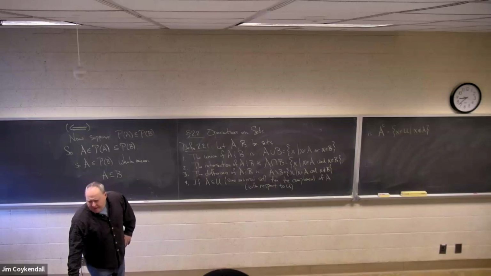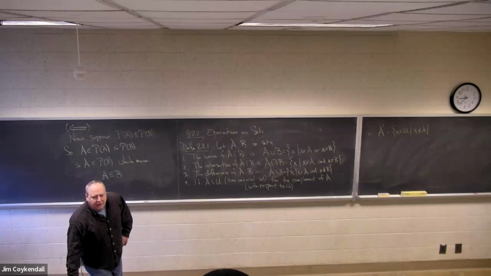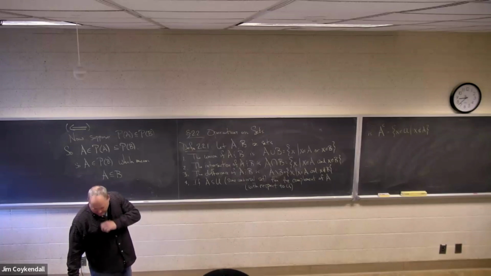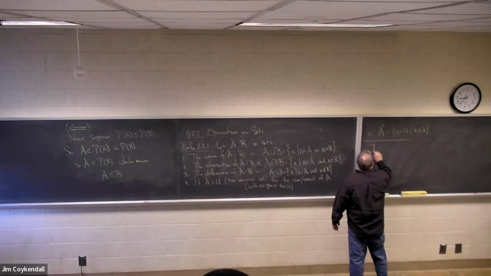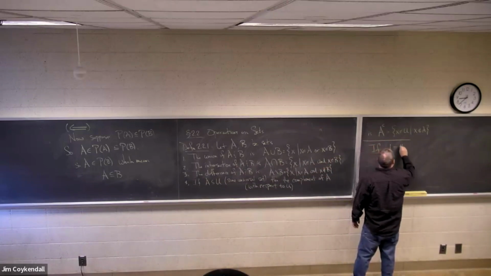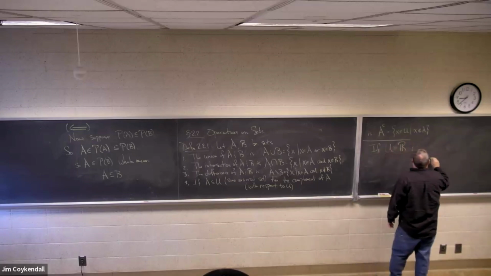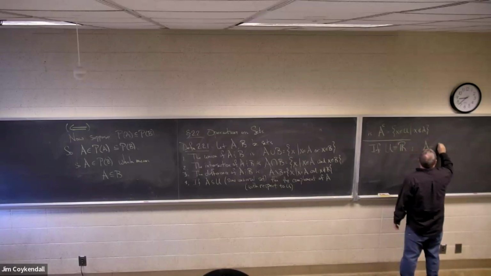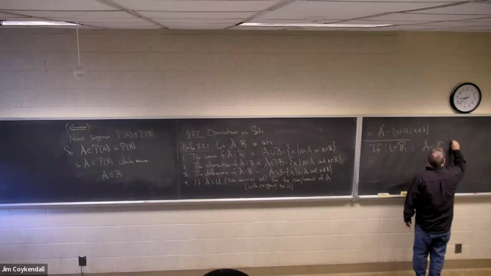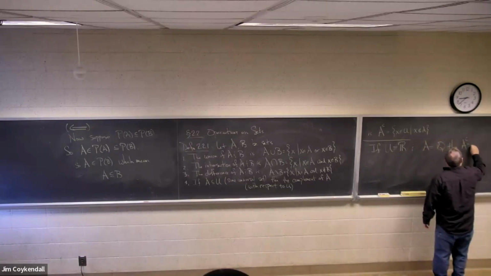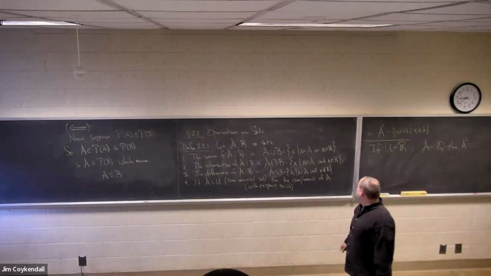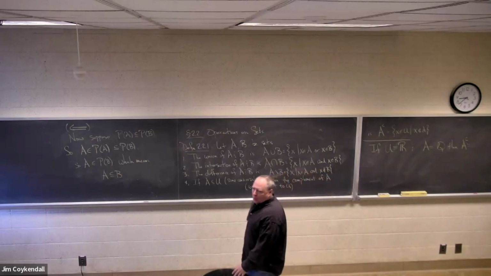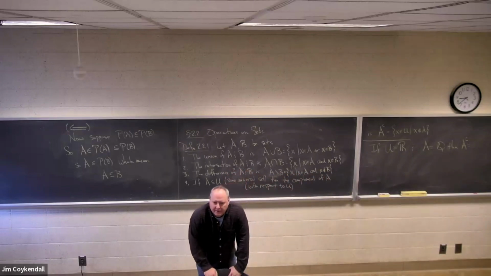So for example, if my universe is all the real numbers, and my set A is the rational numbers, what is the complement of this?